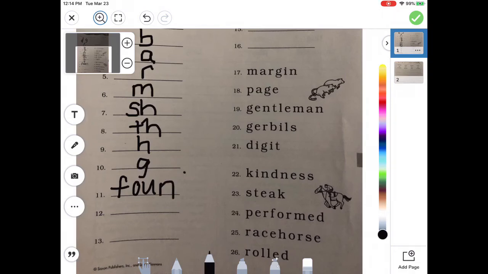Found, D. Then D, good job. How about throw? Listen to this blend at the beginning. Thr. That is a 3-letter blend where we can do T-H-R. Thr. O. Now I hear O, but can I leave that O by itself at the end? No, remember it's going to be O-W.